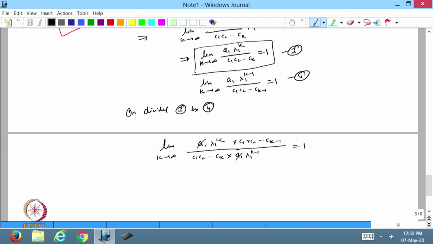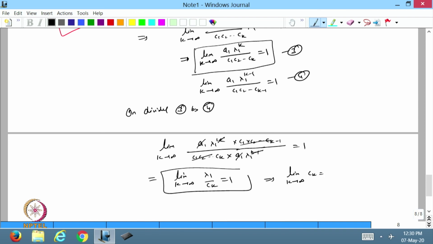So, this will cancel out with this, and this will cancel out with this. From here I will get the limit k tends to infinity lambda 1 over ck should be equal to 1. And from here I can say that the limit k tends to infinity ck will be lambda 1. So, that is my convergence of this one.